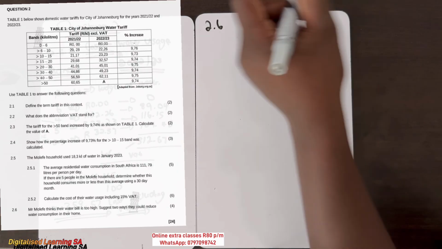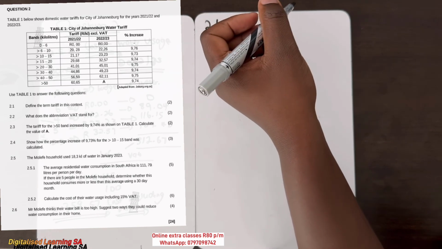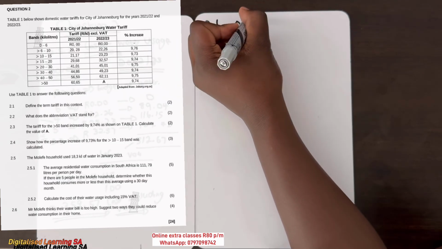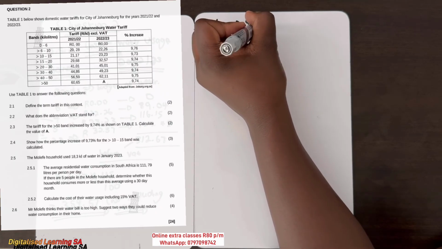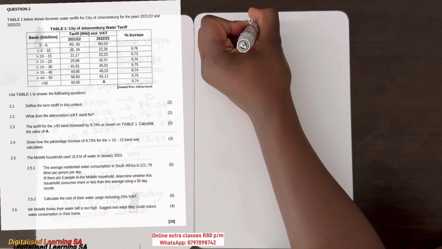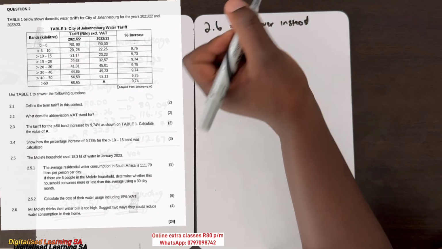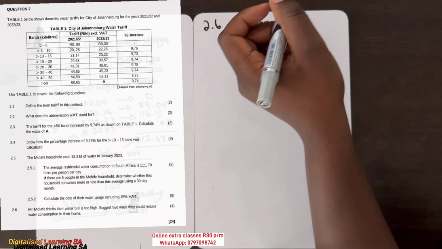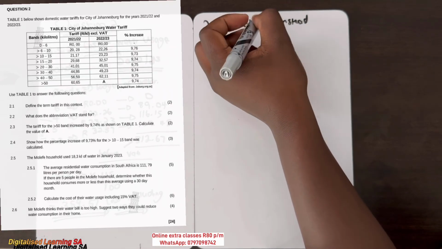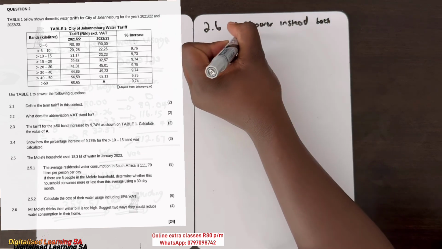So the first way could be if they use the shower instead of a bathtub, because in a bathtub they pour a lot of water. So this is the first way in which they can reduce the level of water that they use in a month.